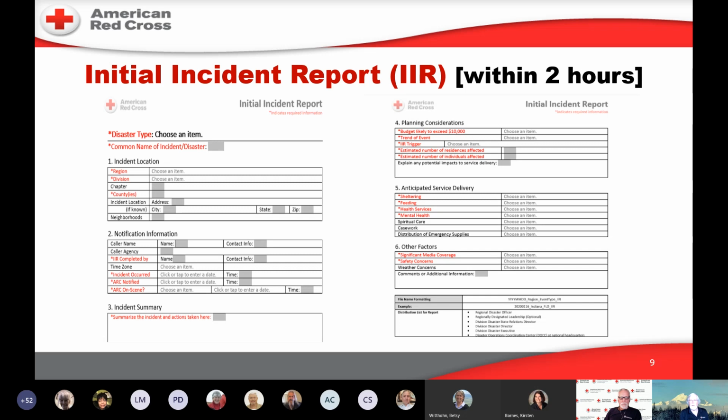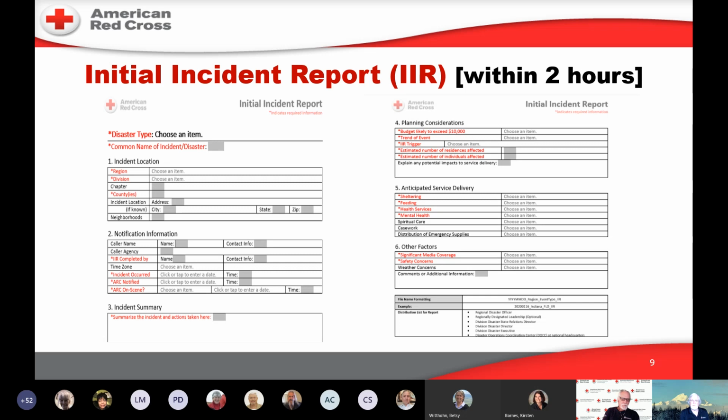And you can put that in and explain any impacts that may be on service delivery, whether you can get into that area, whether you're going to have to look at something outside of the normal service area, and you may actually be going into another chapter or region with what you're doing. Service delivery, just putting in again, are you going to shelter, feed?